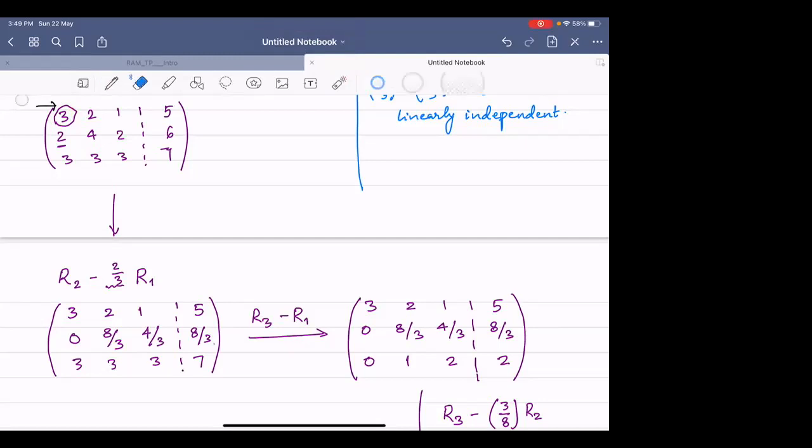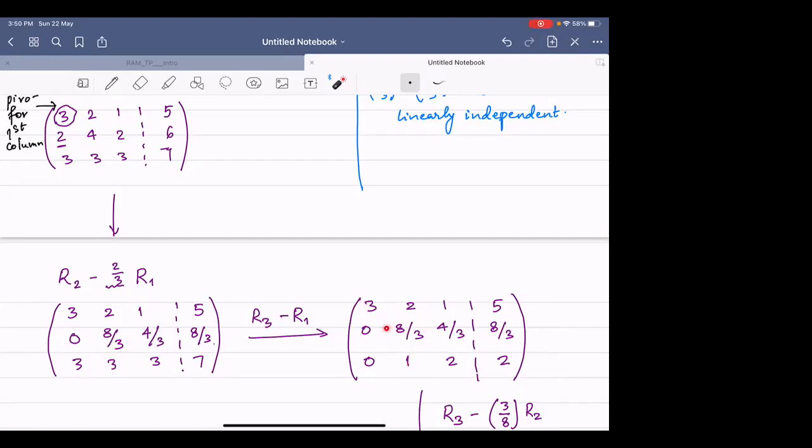Sorry, why is it not writing? This is the pivot for the first column, because that's the one, sort of the anchor, you're using to make these elements 0. Okay, now when you want to make this element 0, in this last step, right? What is the anchor that you are using? You don't want to use this, because if you use 2, you are disturbing this 0. Correct? 8/3.